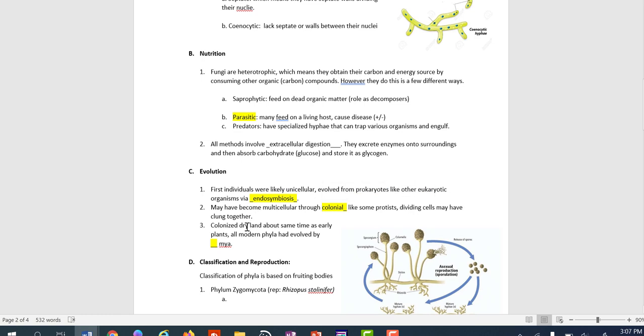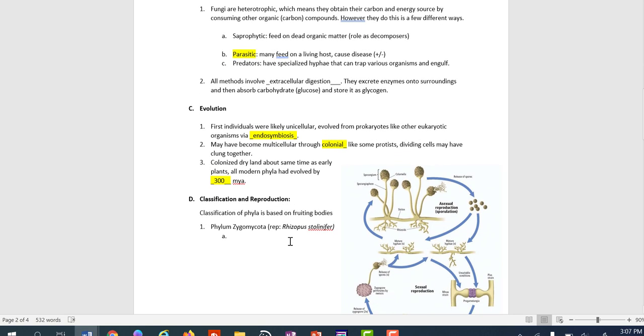They would have colonized land somewhere around 300 million years ago, so they've existed for quite some time.